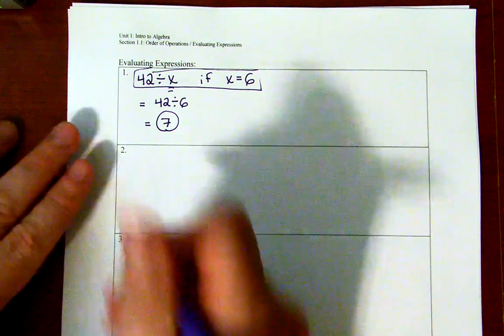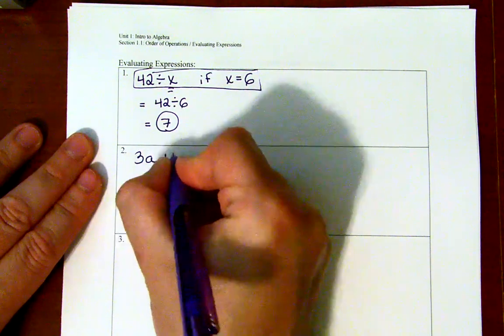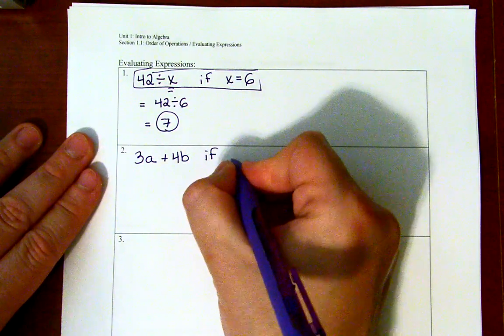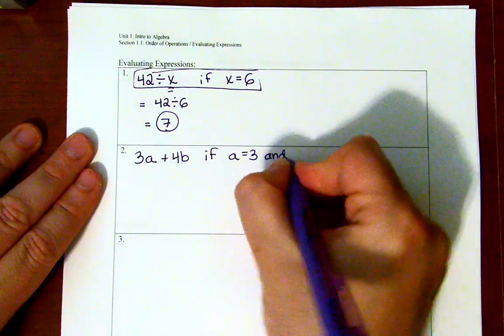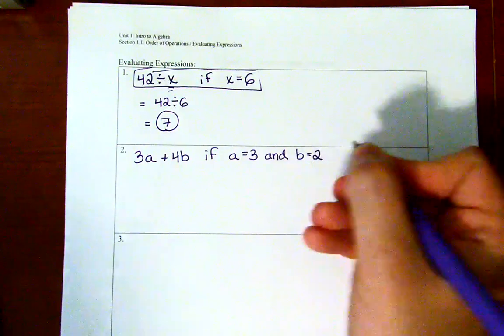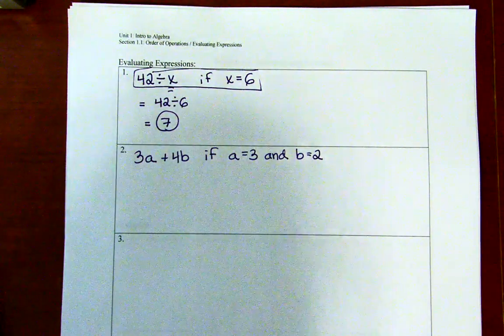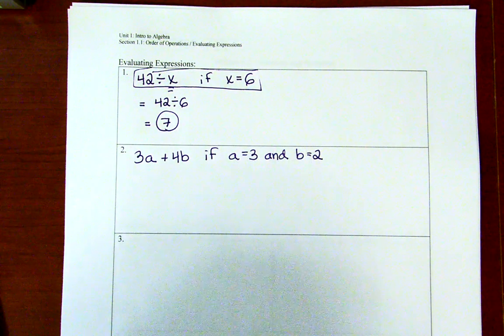Number 2. Let's try 3a plus 4b if I tell you a equals 3 and b equals 2.